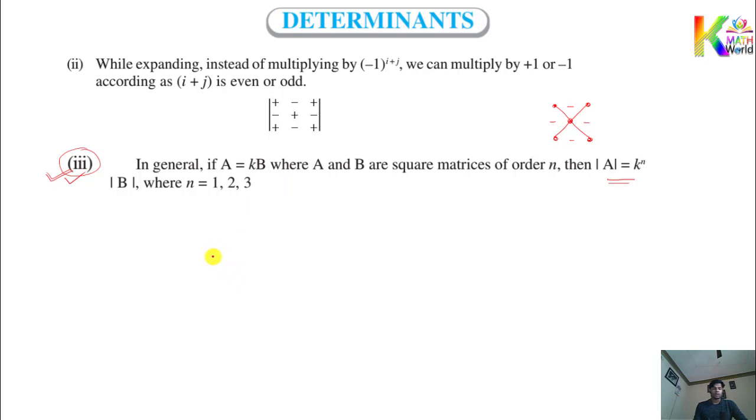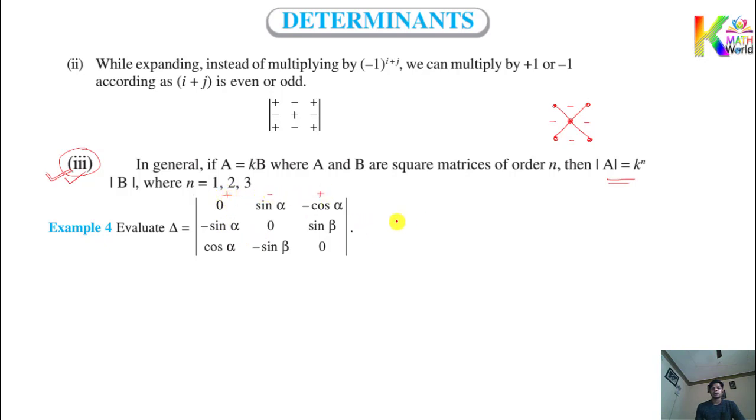So next thing, evaluate this one. Now we will expand this determinant with respect to the first row. So what do you get? Firstly you have the signs, you have to remember them: plus, minus, and plus. With plus 0 into anything will be 0, so no need to calculate for 0. Whatever determinant is left, no need to write for that.